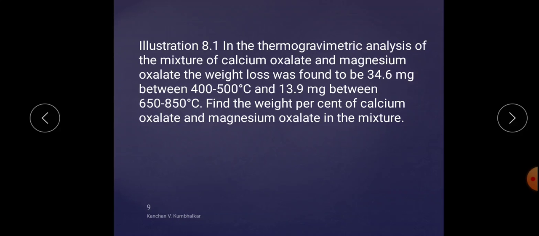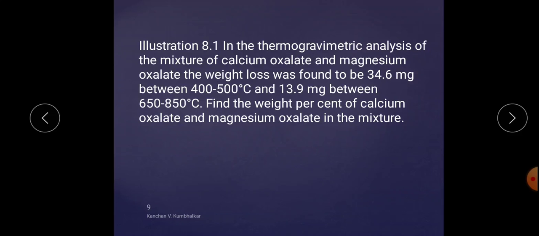But in the 400 to 500 range there are two reactions. Anhydrous calcium oxalate gets converted into CaCO3 with a loss of carbon monoxide, and anhydrous magnesium oxalate gets converted into MgO with a loss of carbon monoxide as well as carbon dioxide.